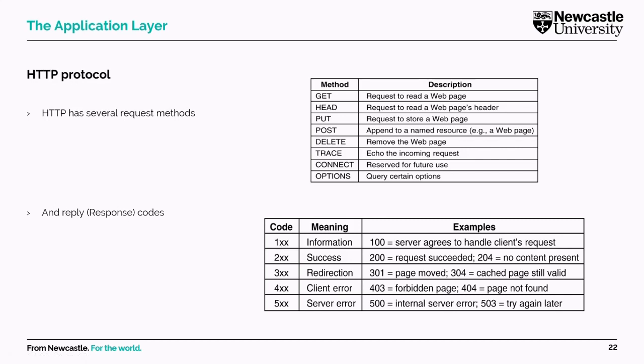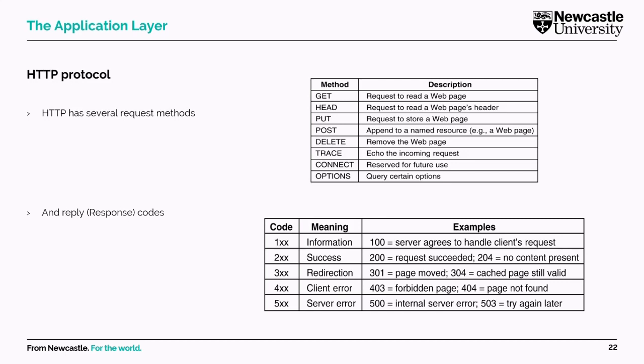The first category has to do with information about the request. You'll often see 200 types of answers, which signify that the request has succeeded. So this is what the server answers when it's returning a web page to the client.